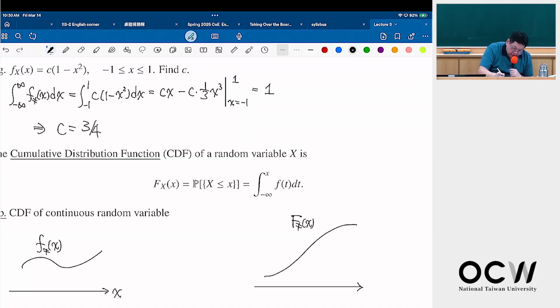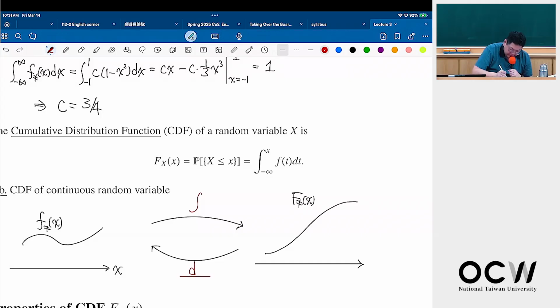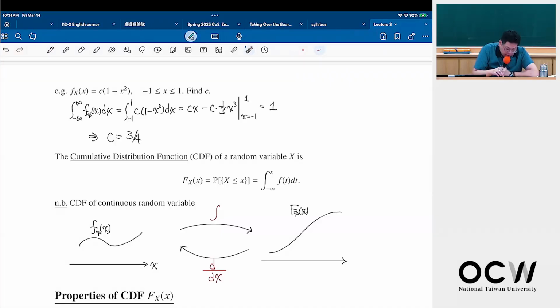When I take the integration of your PDF, then that is your CDF. Which means if I take the derivative of my CDF, then that is the PDF. Since the PDF has some properties, of course for the CDF, we also have some good properties.